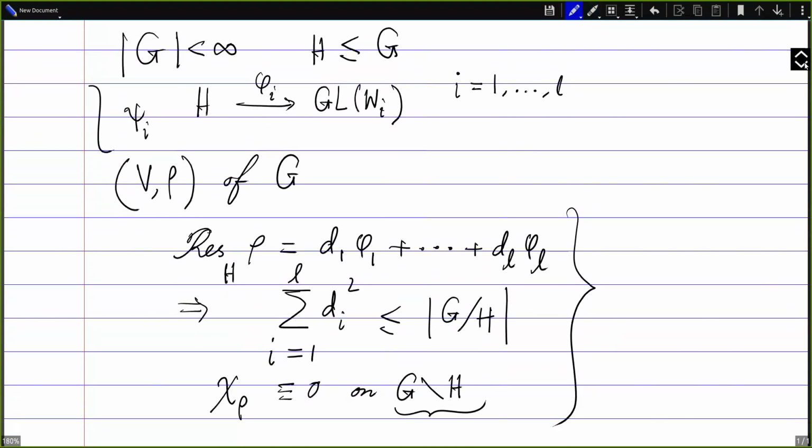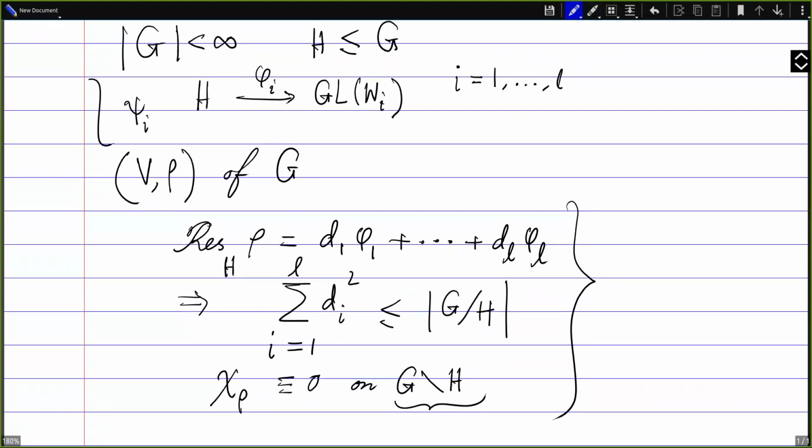So that shows that given an irreducible representation of G, in principle there are plenty of choices for d_1 up to d_L so that the restriction of the representation can be written like this.